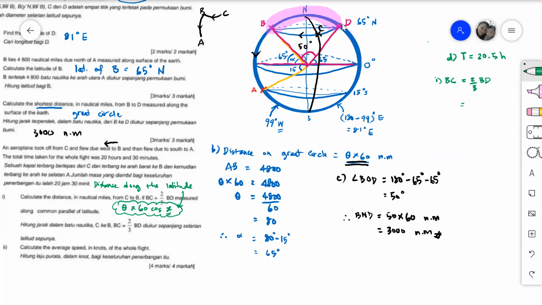So we will have 2/3 times 180, theta times 60, that's the formula, cos 65. That is the value of x. Use the calculator and calculate the distance between B and C. We got the answer 3042.85 nautical miles. So we have just found the answer for part 1.